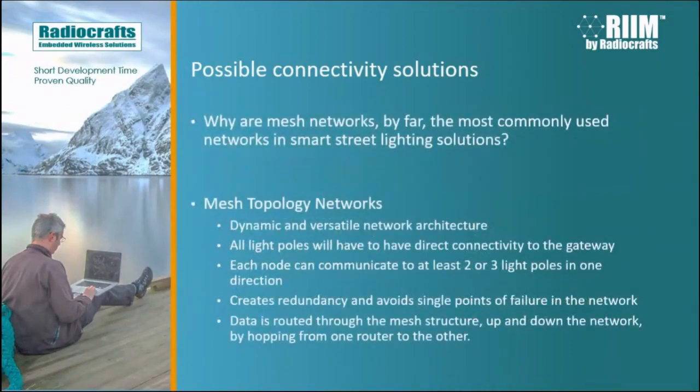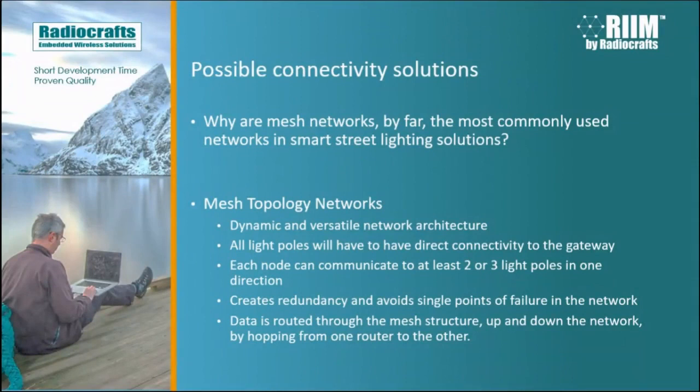On the other hand, mesh networks offer a good solution to tackle the challenges we just mentioned. They offer a dynamic and versatile network architecture, which serves to mitigate many of the shortcomings of star and satellite architectures.